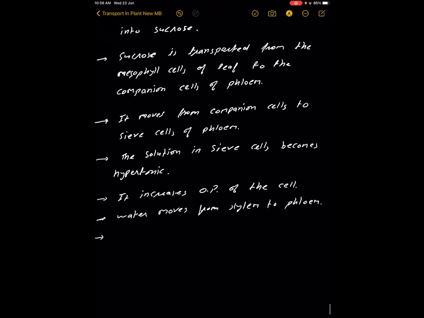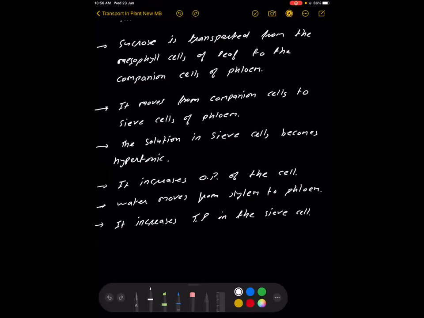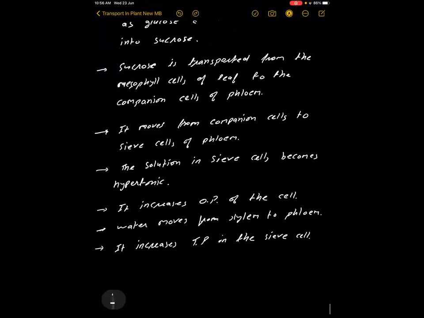Pressure in the sieve cells, okay, now turgor pressure increases, and also water potential. Turgor pressure and water potential in the cell increase.